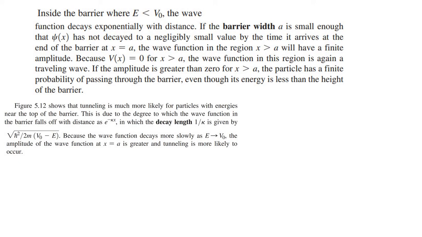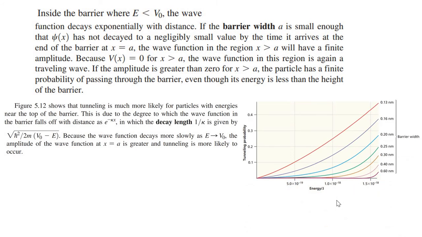That slow decay and fast decay, as I mentioned, it decays slowly for the higher energies. So that's why tunneling is more likely for those energy levels. I again repeat that tunneling is much more likely for particles with energies near the top of the barrier, and you can get it from this equation as well.